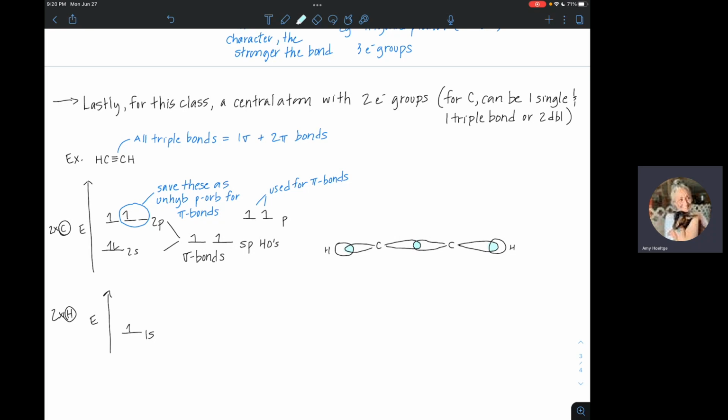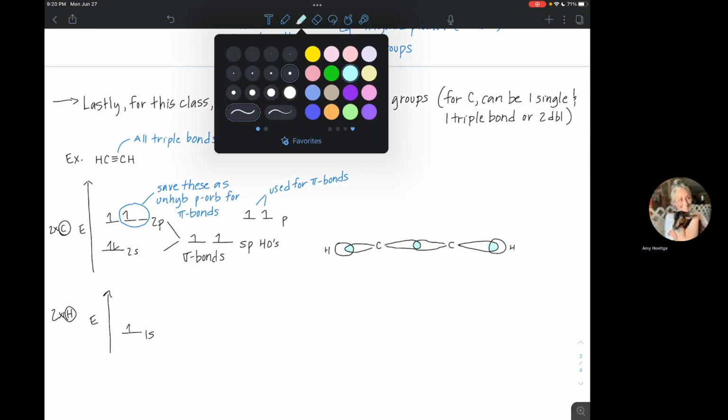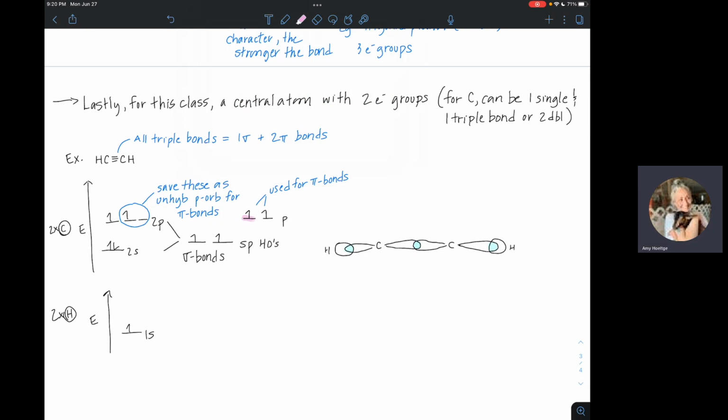So there you have it. Each carbon has 2 sigma bonds. And then check it out. So each one of these carbons has 2 unhybridized p orbitals. So we're going to take one of them, say along the y-axis here, just like we did with the double bond.